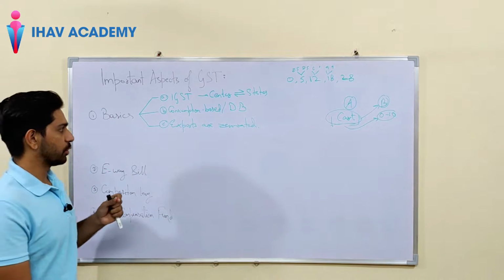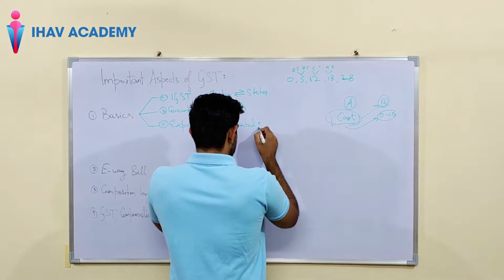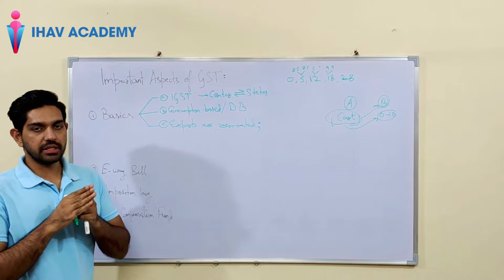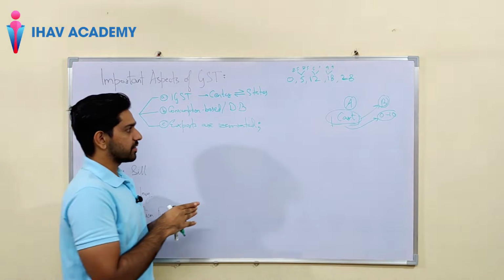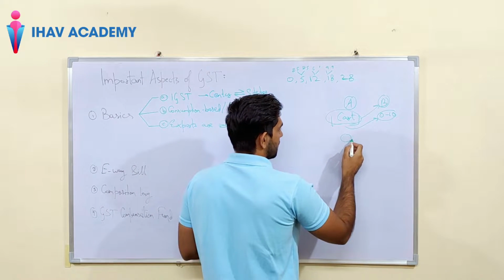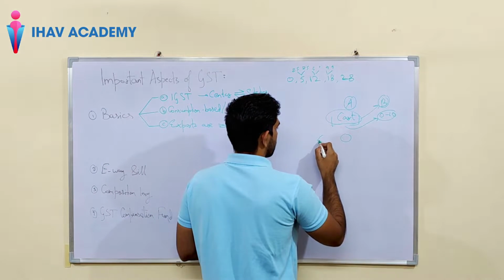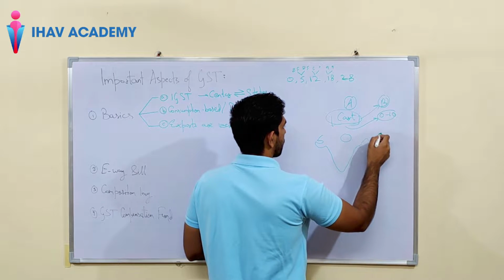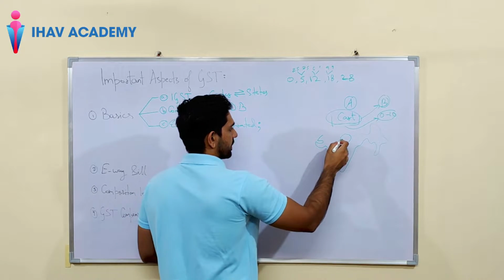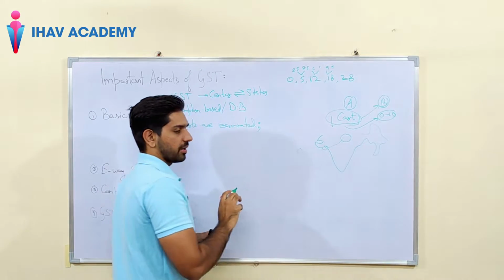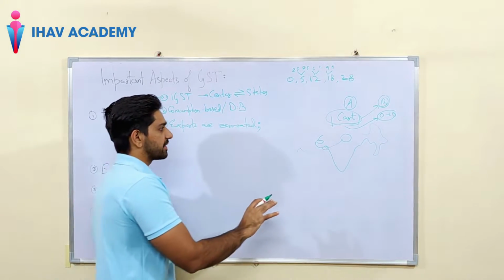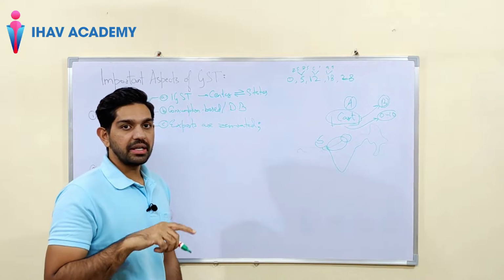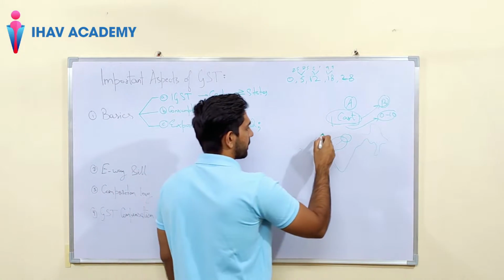Now how are the exports zero rated? A product has been manufactured in state A. Now it has to go to a border state, and from there it will be sent out by ship. All the central taxes are applied here, and as it is traveling interstate, IGST will also apply.